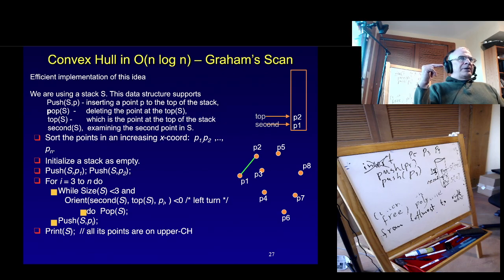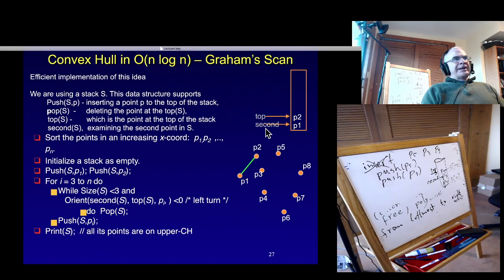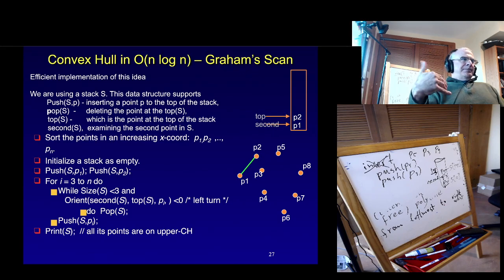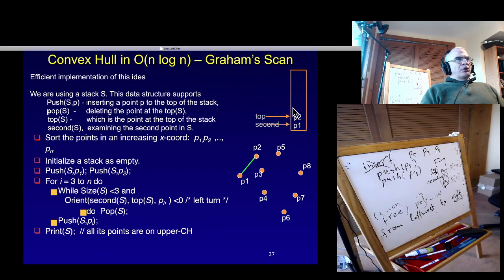But to know if yes or no, I always need 3 vertices, which are Pi, the vertex under consideration at the moment, the one at the top of the stack, and the second one from the top.